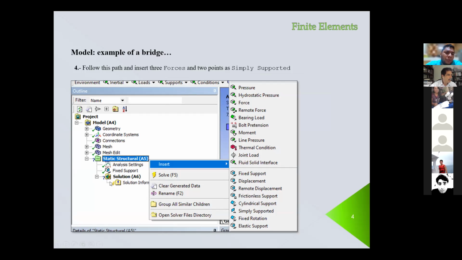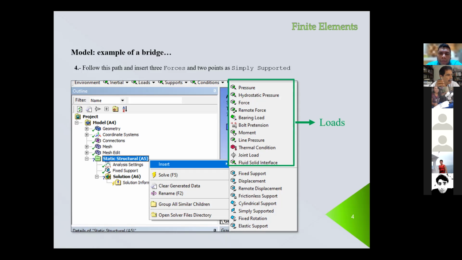So in structural insert, there are 2 parts. The first part corresponds to assigning the force on the structure. You can use pressure, hydrostatic pressure, force, remote force, bearing loads, moment, line pressure, and so on.